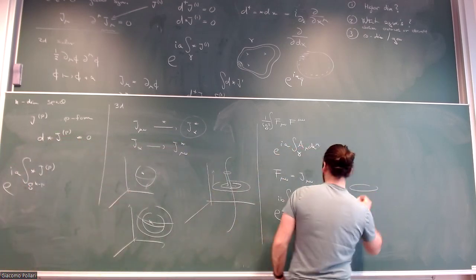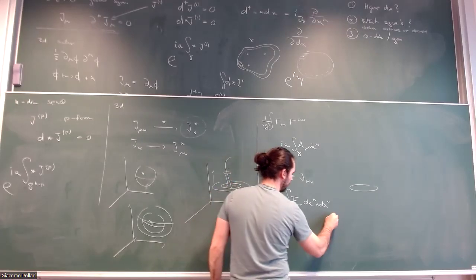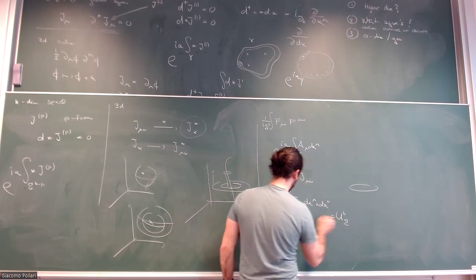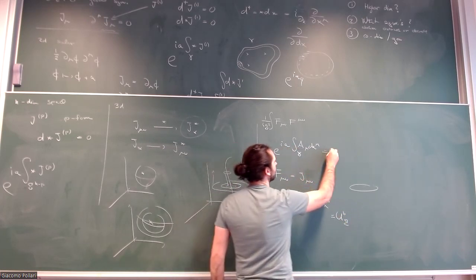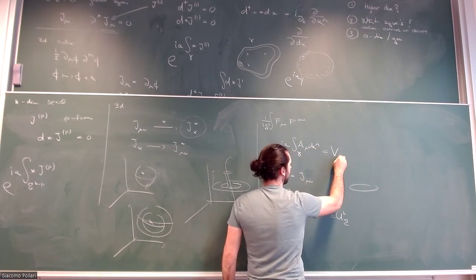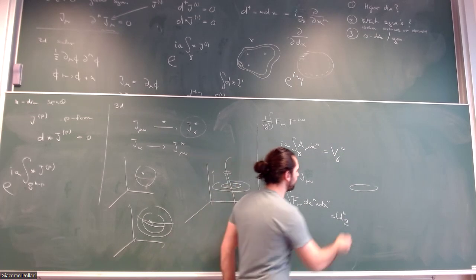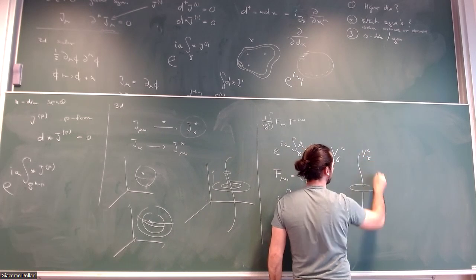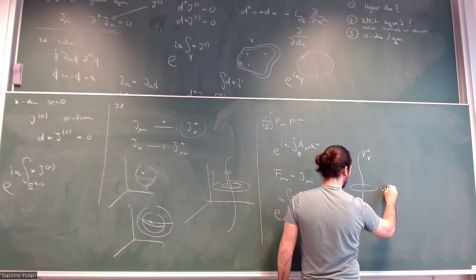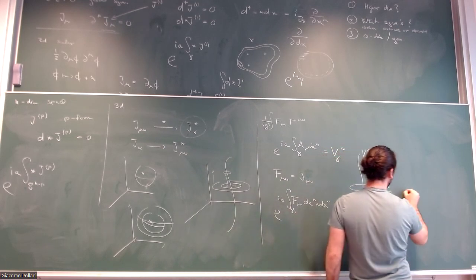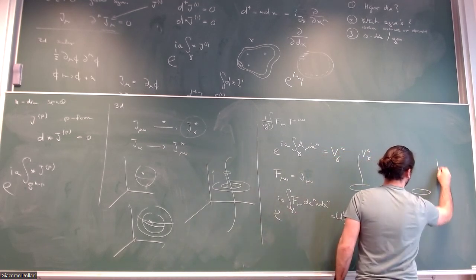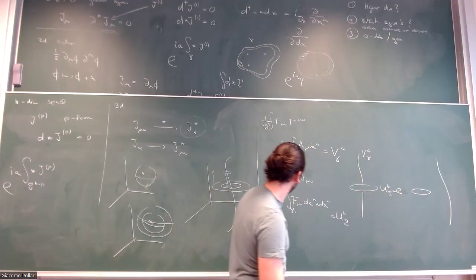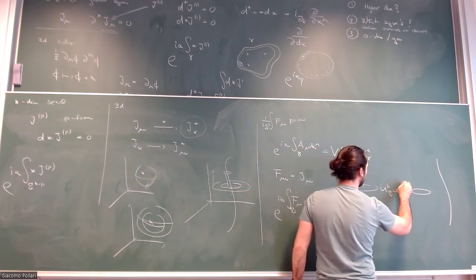So maybe I'll call this U, B sigma, and this one I'll call gamma A. And the claim is that this is equal to this, but with an extra factor, which is the linking.